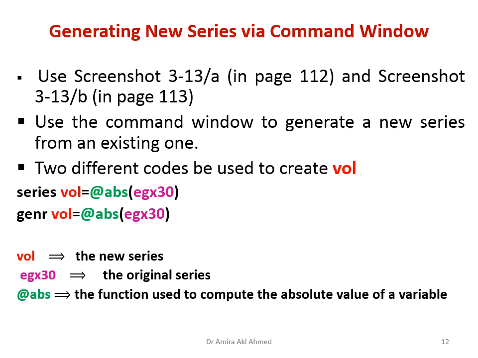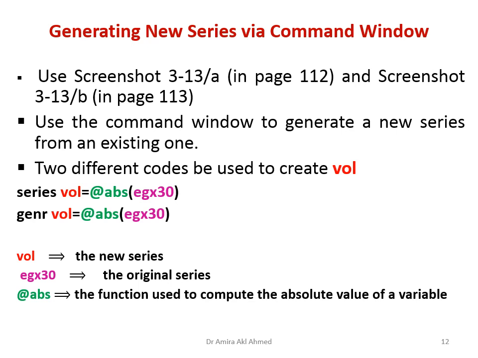We could use two different codes to obtain the same variable. You can either use the first code or the second code. After typing the required code, kindly press the Enter key.